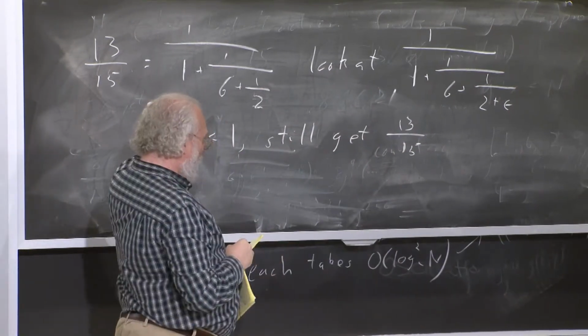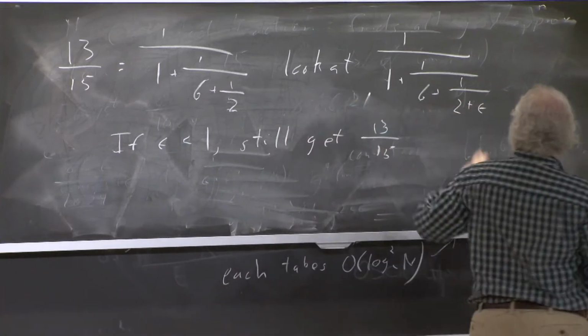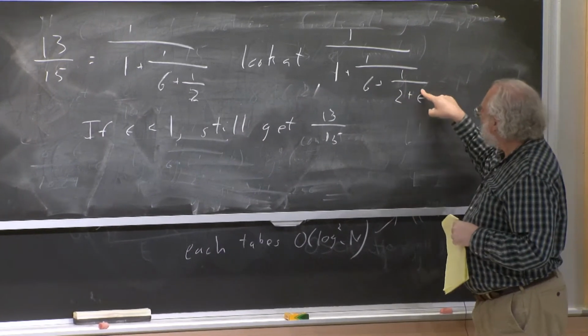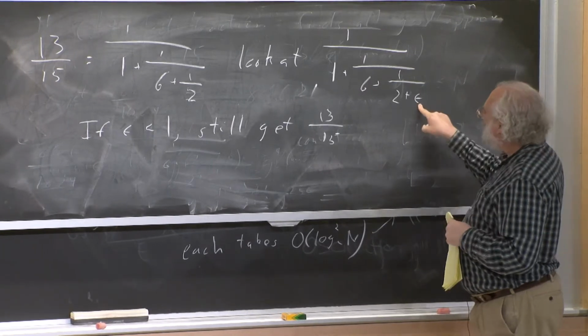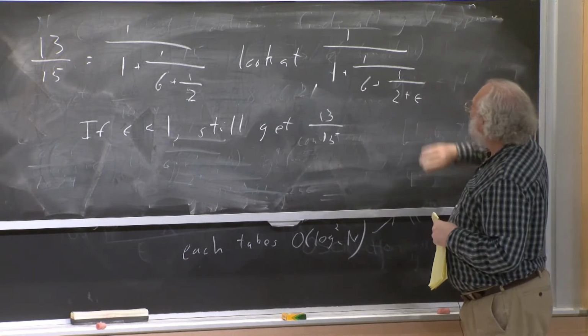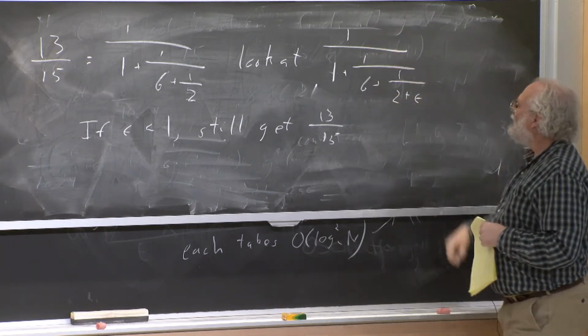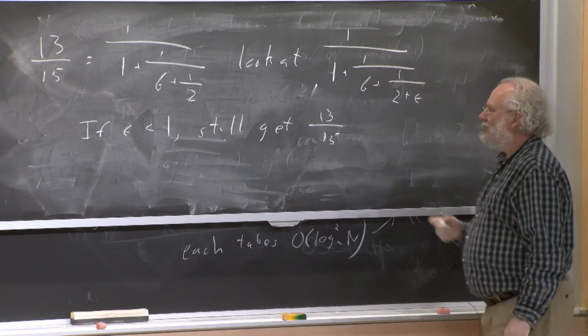Why is that? Well, if epsilon is less than 1, then you do this, then plus 1 over whatever, plus 1 over whatever, etc. So the continued fraction starts out like this and then keeps on going.